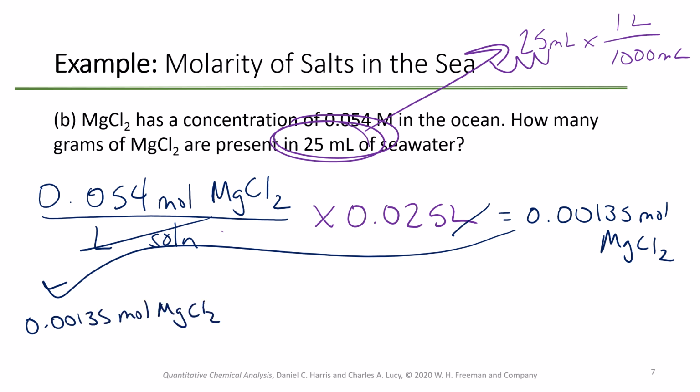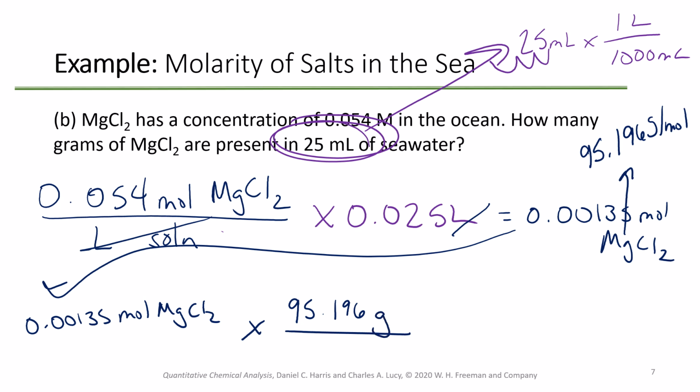Okay, so this one's going to be a little bit simpler because now I'm going from moles to grams. In order to do that, I need the molecular weight of magnesium chloride. So I go to my periodic table of elements, I find magnesium, and then I have chloride again. I multiply the chloride by 2, and the molecular weight of magnesium chloride is going to be 95.196 grams per mole. So to get rid of the moles on the top, I want to divide by the moles, so 95.196 grams per mole.